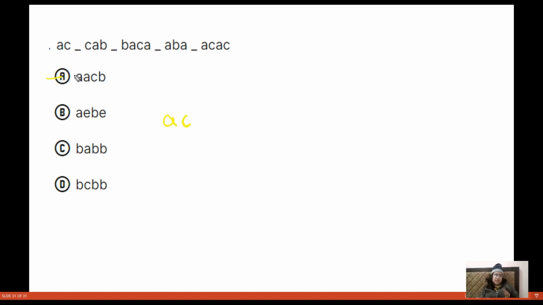So AC. If I consider A here, then it will become AC. If I consider A here, it will become AB. Then again if I consider C here, it will become AC, then again AB.